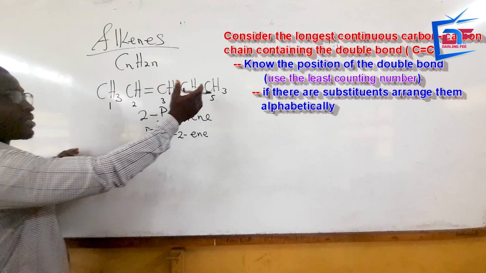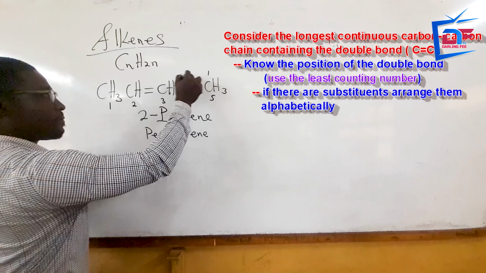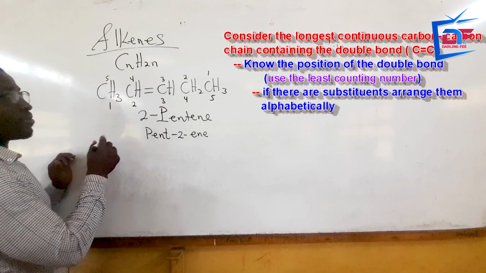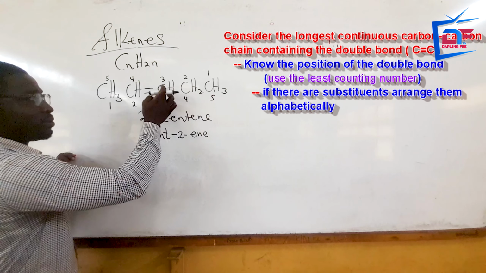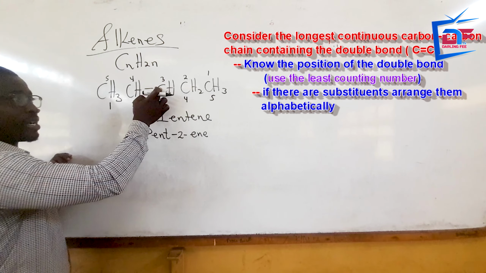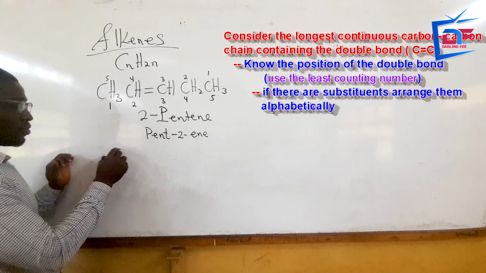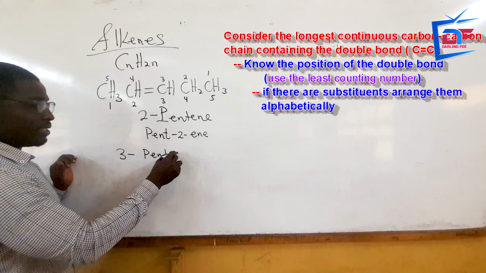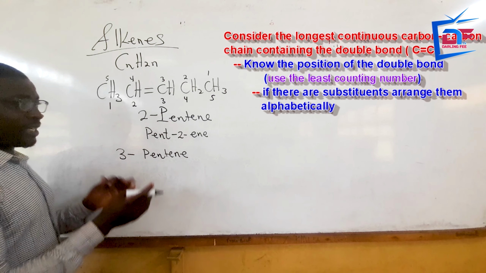Let's look at the counting from right to left. 1, 2, 3, 4, 5. 1, 2, 3. We met the double bond, and that is going to give us 3-pentene, or we can say pent-3-ene.